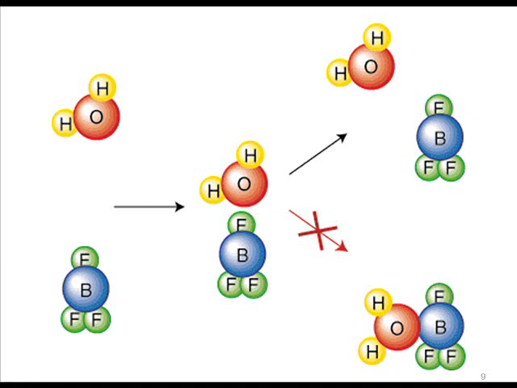Now this raises an interesting idea. Here we see the water and the bromine fluoride, and looking at it, you might suggest the oxygen and the bromine could combine, and I now have a new product in the lower right. In fact, this does not happen because the lower right product is not stable. John Dalton didn't know what the rules were that prevented the lower right product, but it's important to realize that not everything reacts with everything else.